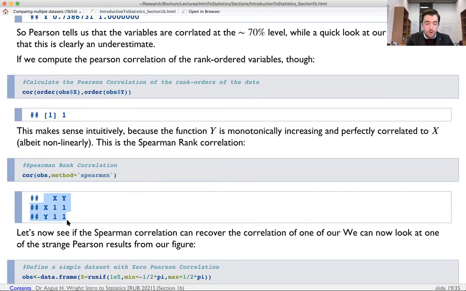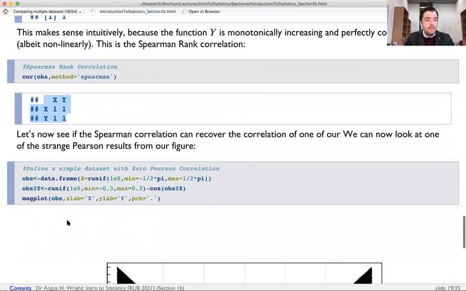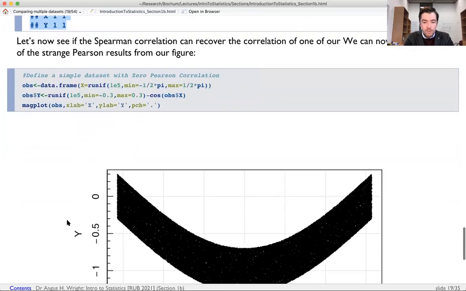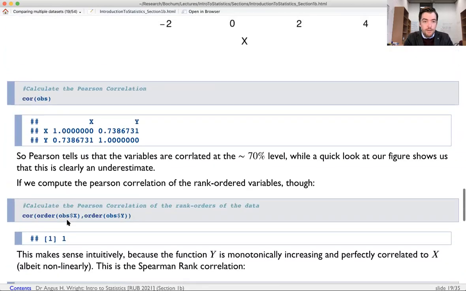So the Spearman correlation doesn't have the susceptibility to non-linear data. So let's then say, okay, we've got this new thing, the Spearman correlation. Let's see if the Spearman correlation can recover some of the information that we lost with the non-monotonically increasing data, what we saw in our figure, back here.